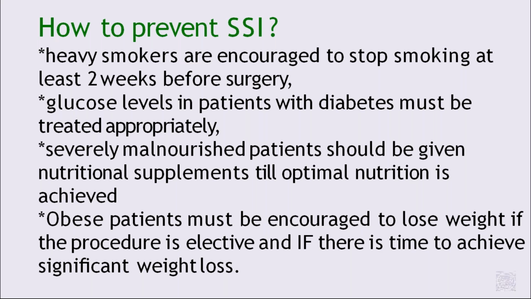The best example of an elective case is umbilical hernia. Obese patients come to you with umbilical hernia. Depending upon the size of the defect and the contents of the defect, if the patient is too obese, first you should advise the patient to lose some weight.